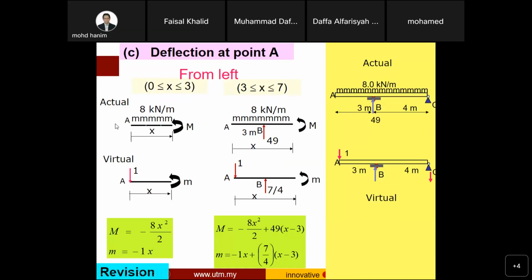We have two loading conditions: the actual or real loading, and the virtual loading or one unit loading. Due to actual loading, this is the loading diagram, and this is the loading diagram for the virtual load.